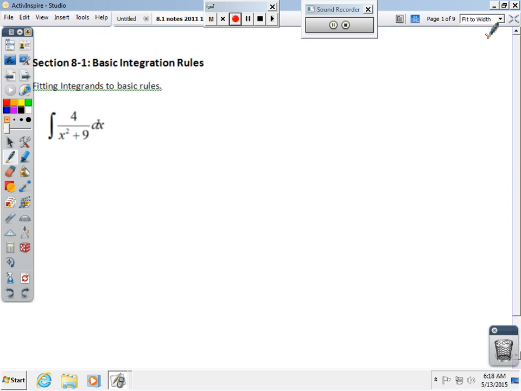Alright, so for the first one, you have to decide what method it's going to be. Now, most of you probably use u substitution. I'm just going to show you that u substitution doesn't work for this first one and why. If I let u equal x squared plus 9, then du equals 2x dx, so du over 2 equals x dx, and this x dx needs to match the numerator. In this case it doesn't, there's an extra x, so u substitution isn't going to work.